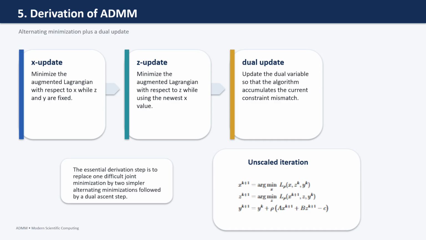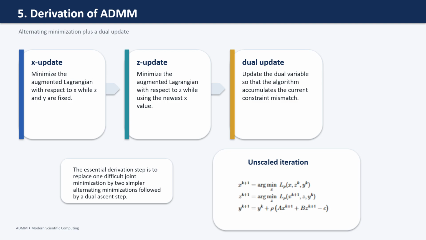So the first step is the x update, where as you see in this unscaled iteration, x of k plus 1 equals the argmin of the augmented Lagrangian L rho of x, z to the k, y to the k. In this step, z and y are held fixed at their current values.